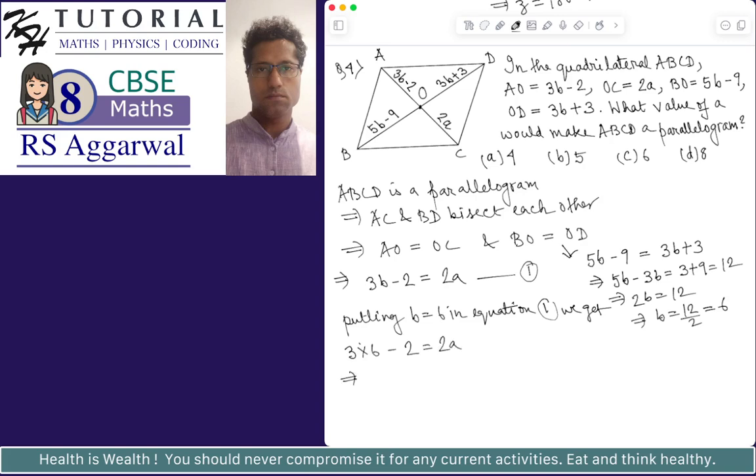This implies 18 minus 2 is equal to 2A. This implies 2A is equal to 16. This implies A is equal to 16 by 2, which is 8. So we are getting the value of A as 8. So if ABCD is to be a parallelogram, then the value of A has to be 8. So the correct choice is D. D is the correct choice.